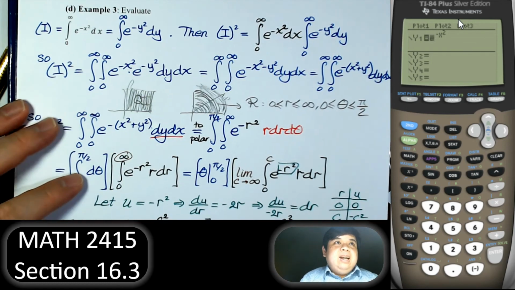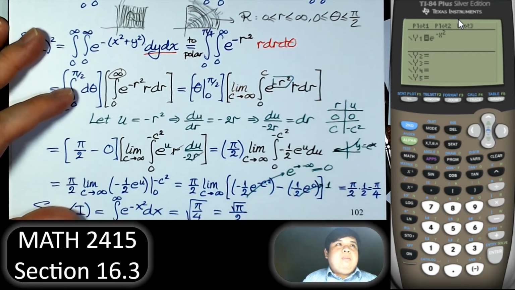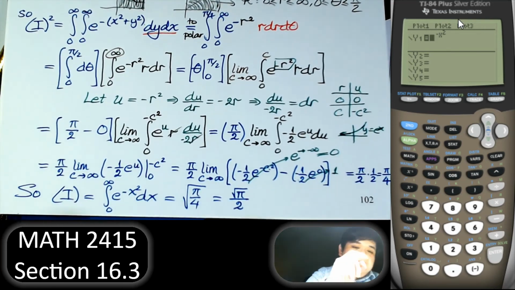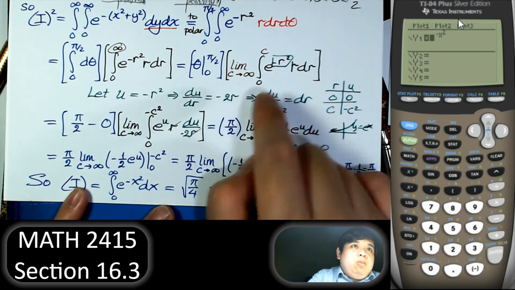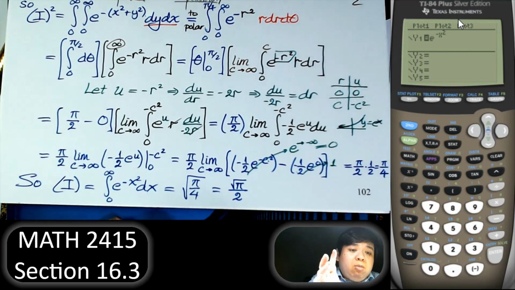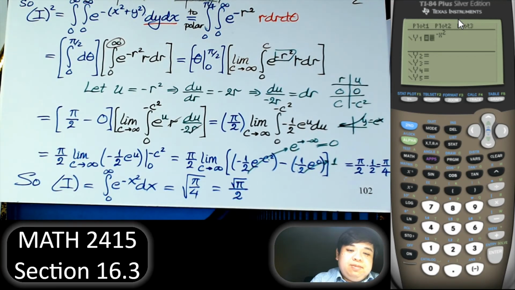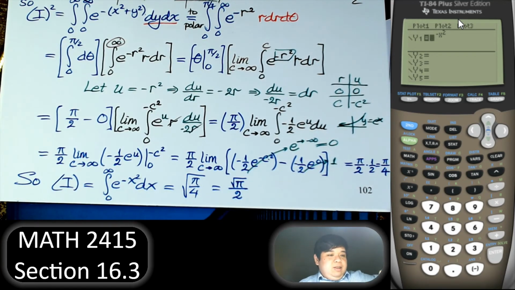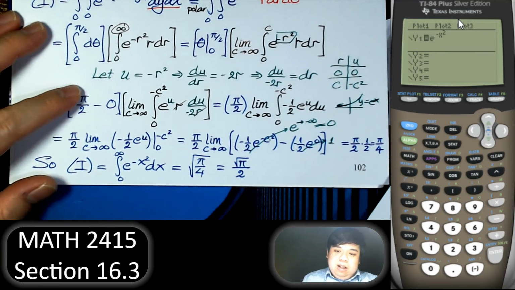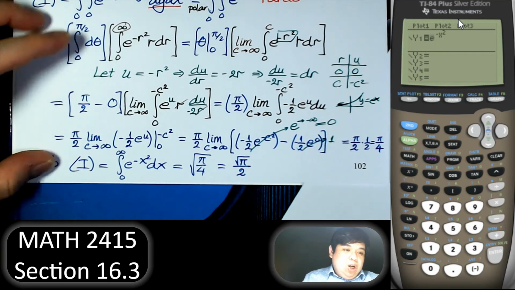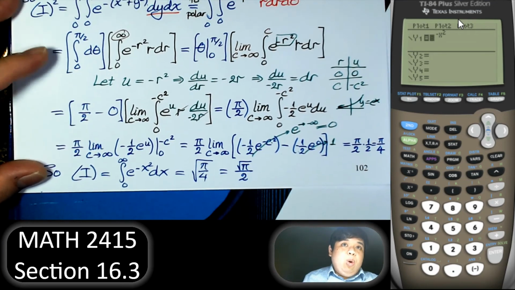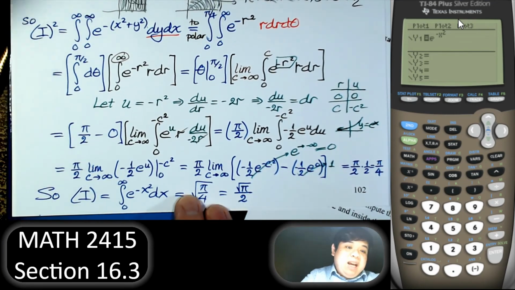And to evaluate it, it's not that bad. We might have to use an improper integral, but the bottom line is it turned out to be very nice. So all of the math you already know; you know how to do those problems.